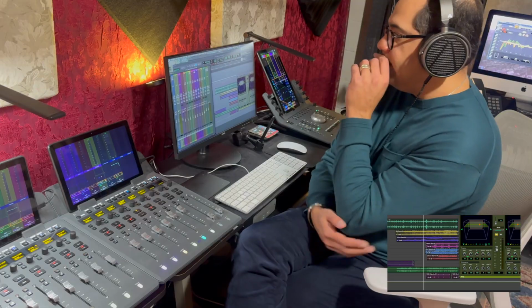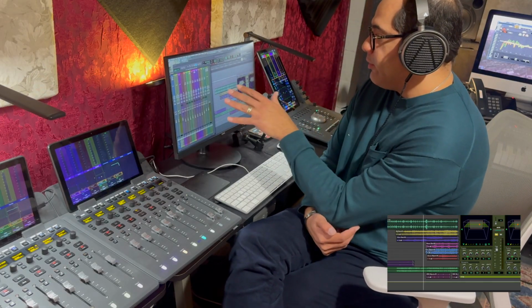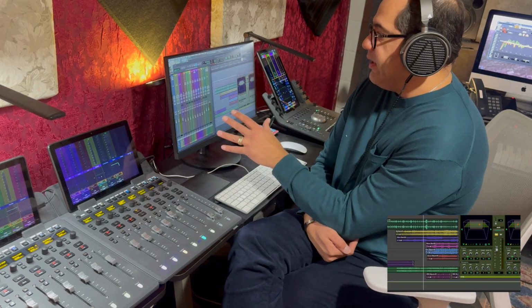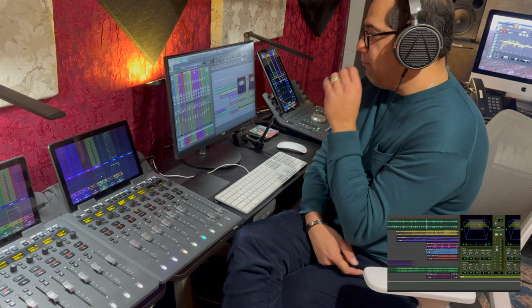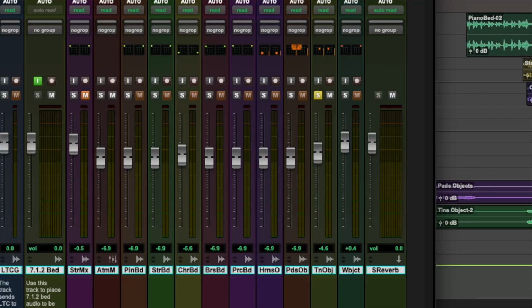What I'm starting to notice in this mix is there are no sends to objects. I placed everything according to the channel. So if you look at the piano bed, I have it straight left and right. The strings, I have straight left and right. The choir, I have in the back.